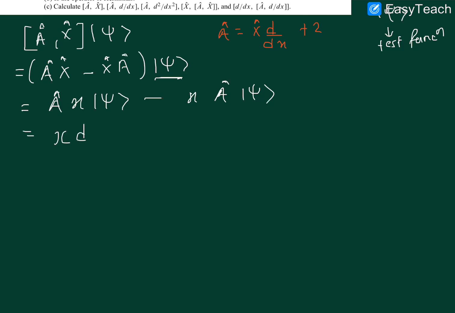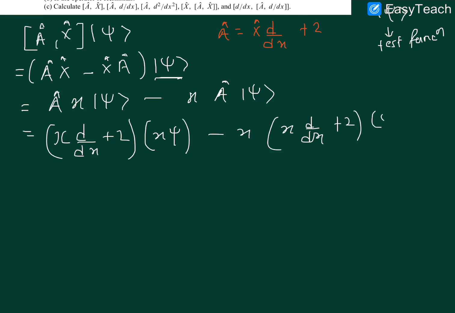Now (x d by dx plus 2) into x psi minus x (d by dx plus 2) into psi.